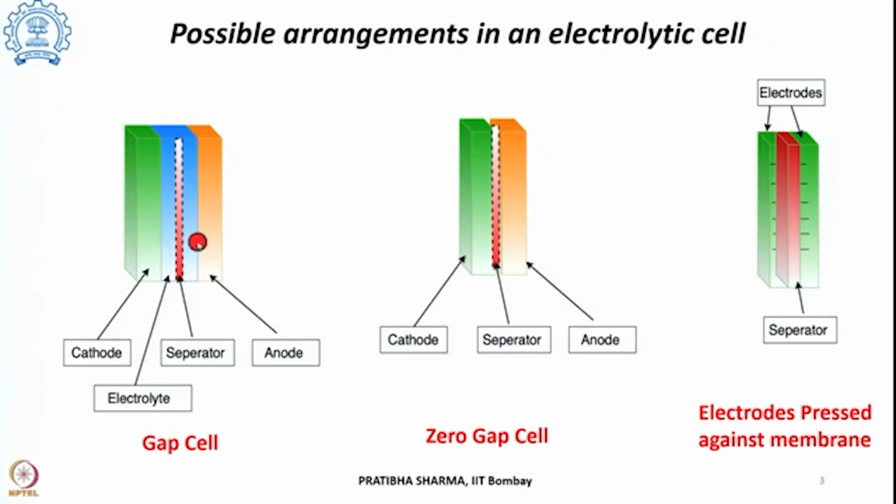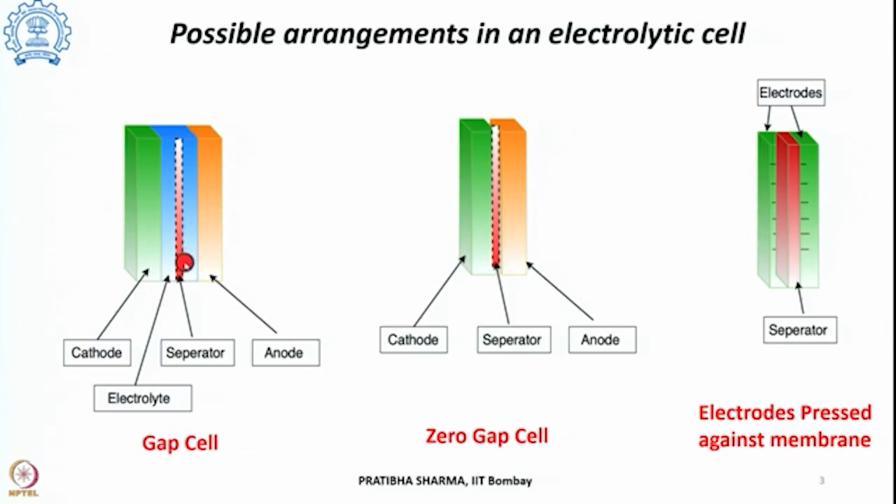This is the simplest and the most conventional type of arrangement, wherein the distance between the electrode and the separator is such that the gases which are formed are evolved, and it is kept low so that the ohmic resistance across the electrolytic cell is lower.